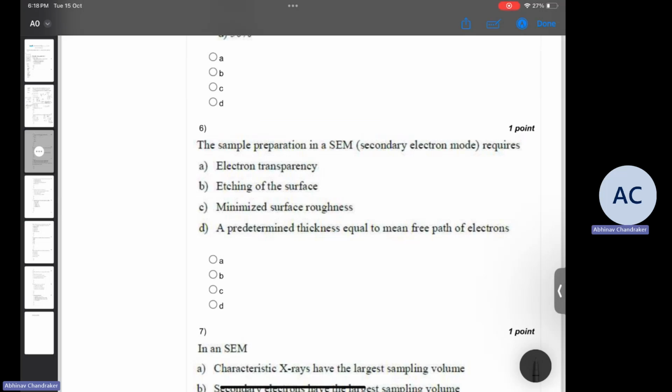Question 6. The sample preparation in a SEM requires... Let's see step by step. First is electron transparency.